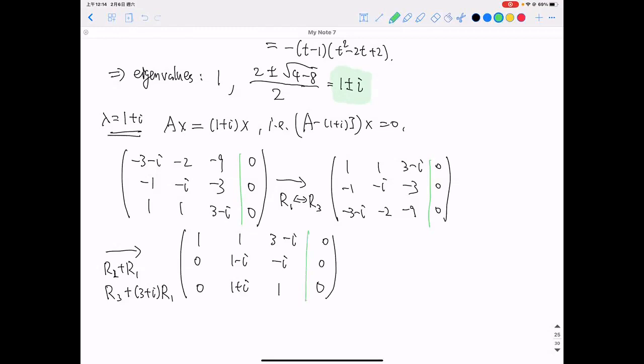Okay, so these rows are clear. The first column is cleared. Now we have to do something about the second row. The complication is that this is a 1 minus i.